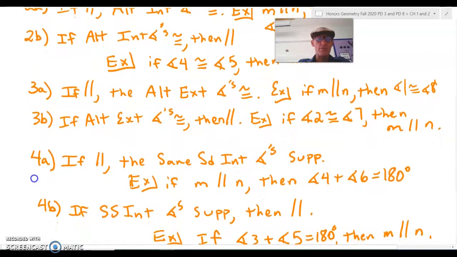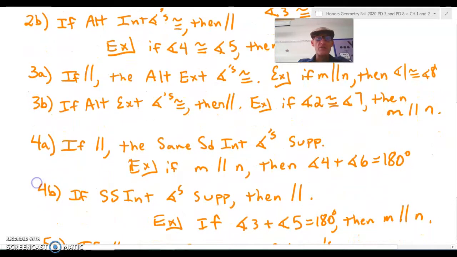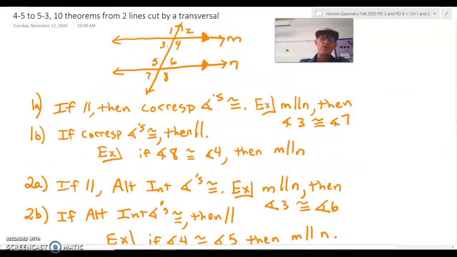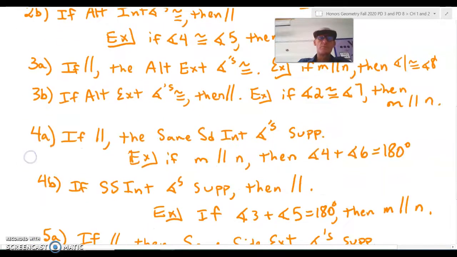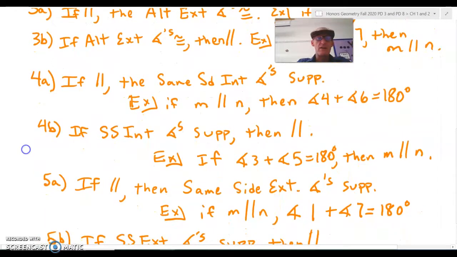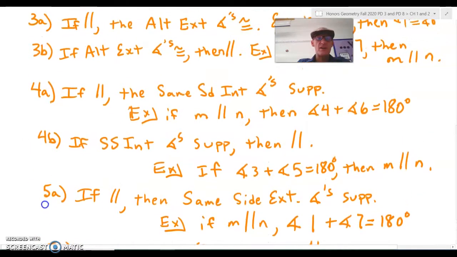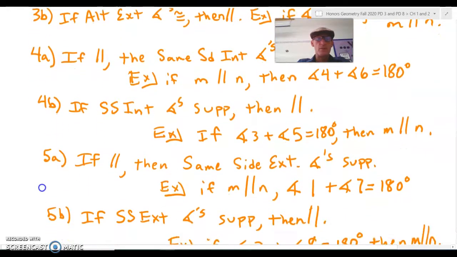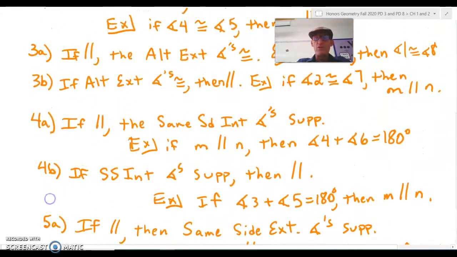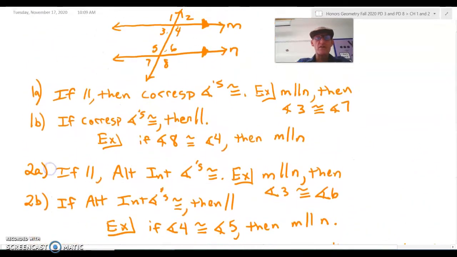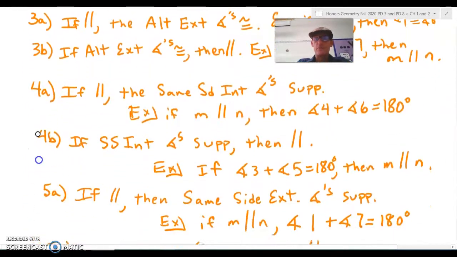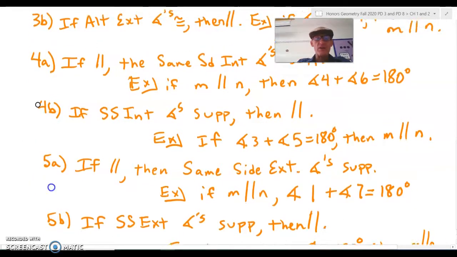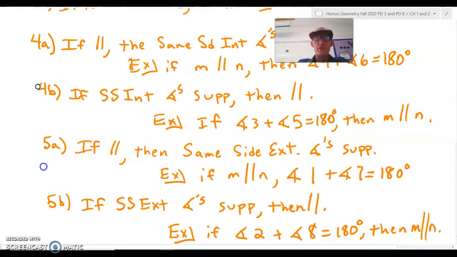Number 4, if the lines are parallel, the same side interior angles are supplementary. These two. And if the same side interior angles are supplementary, then the lines are parallel. So if 3 plus 5 equals 180, then M is parallel to N. Number 5A, if the lines are parallel, then the same side exterior angles are supplementary.